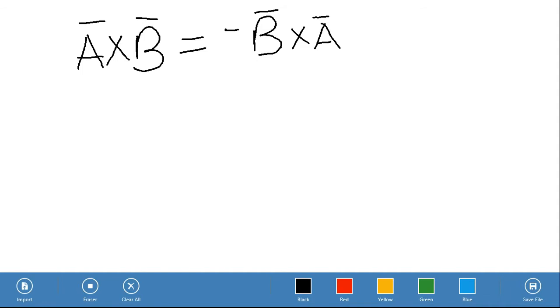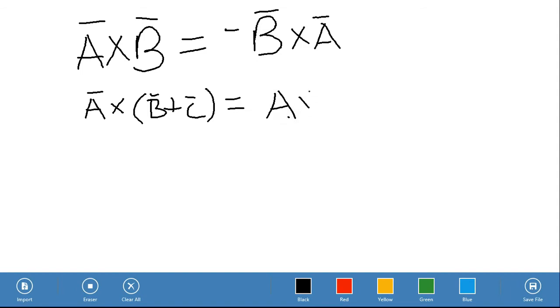And the rest of the properties are fairly straightforward. A cross (B plus C), where these are all vectors, is going to equal A cross B plus A cross C. You would expect this from the distributive property, so this one's intuitive.